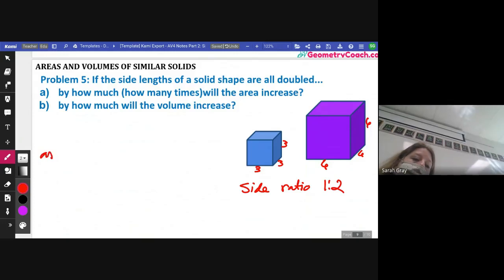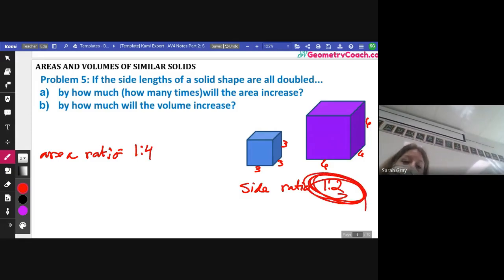So what does that make our area ratio? Cassie? 1 to 4. So when we doubled our sides, what happened to our area?